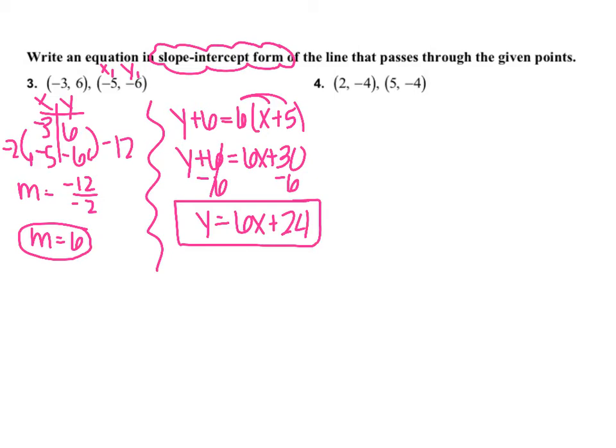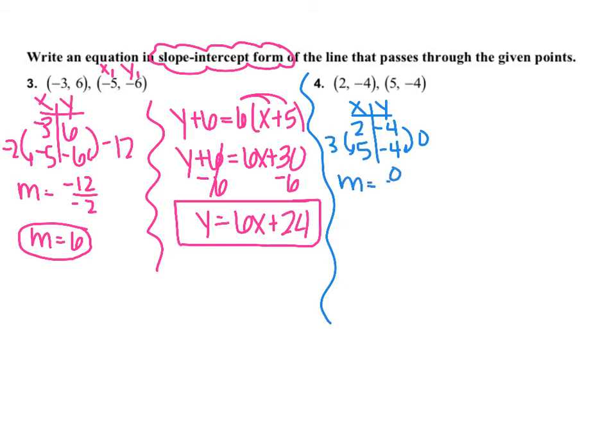And if we take a look at number 4, right, if I start by finding my slope, I have the points 2, negative 4, and 5, negative 4, which means my change in y is actually 0, and my change in x is 3. My slope then, 0 divided by 3, 0 divided by anything, is just 0.